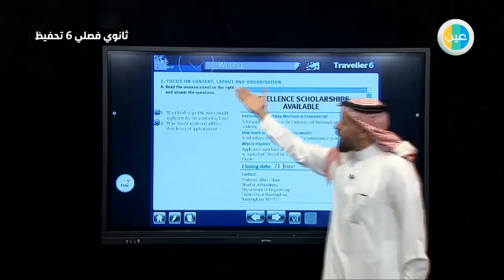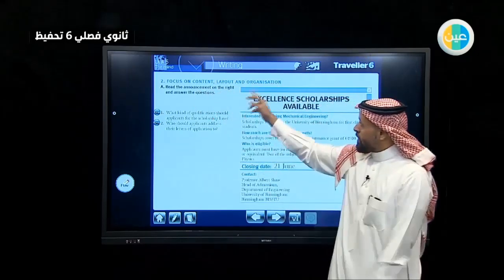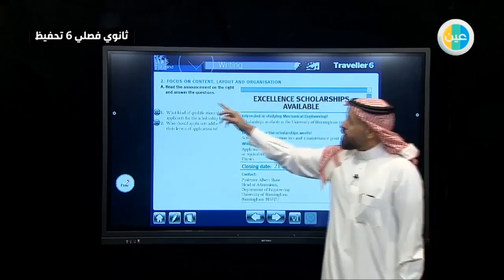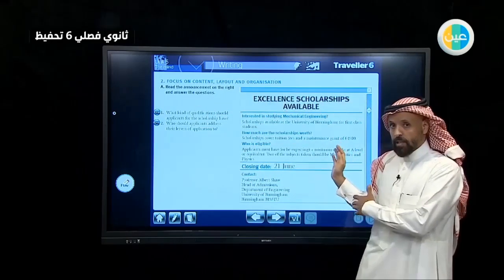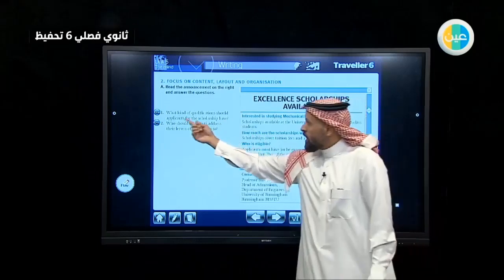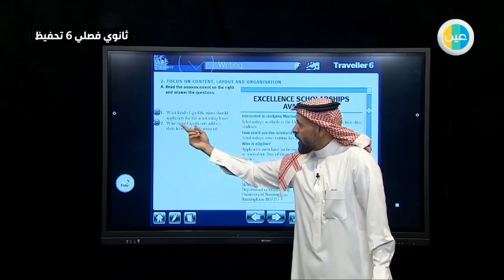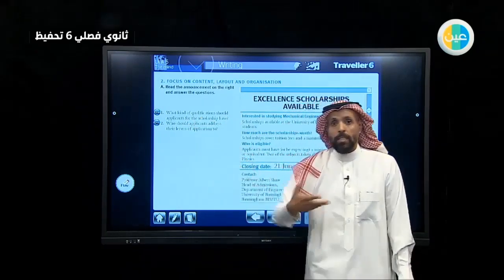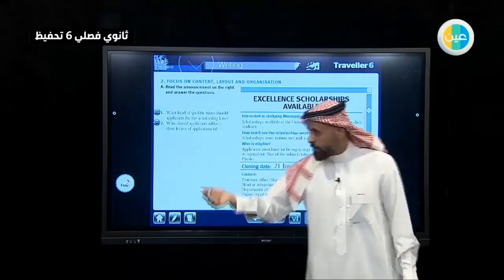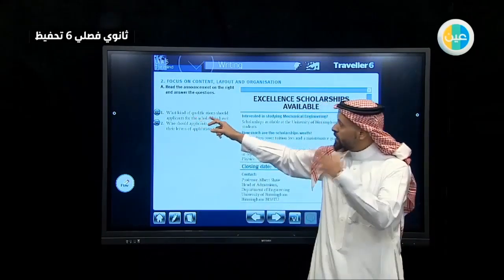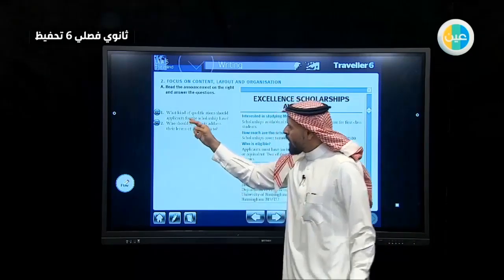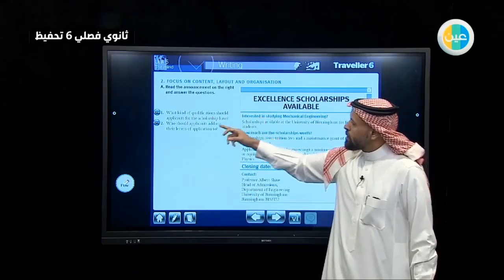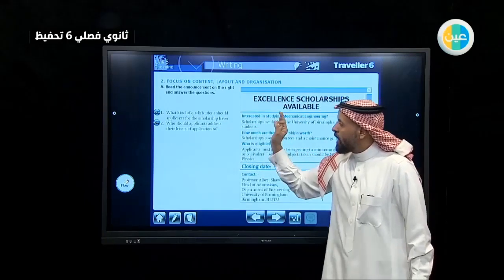Now, go back, focus on content, layout and organization. Read the announcement on the right and answer the questions. We have read this announcement. What kind of qualification should applicants for the scholarship have?